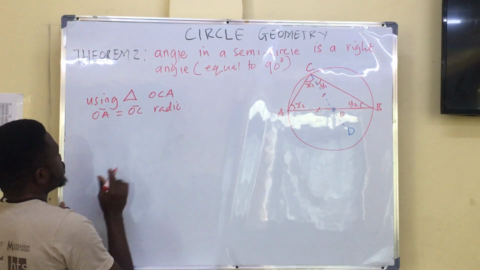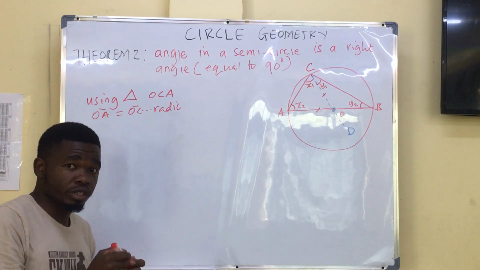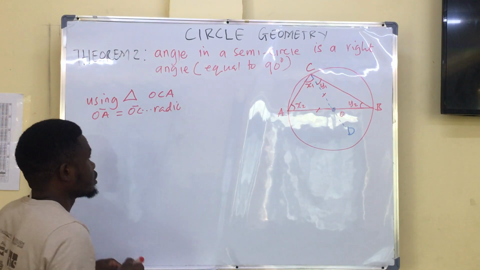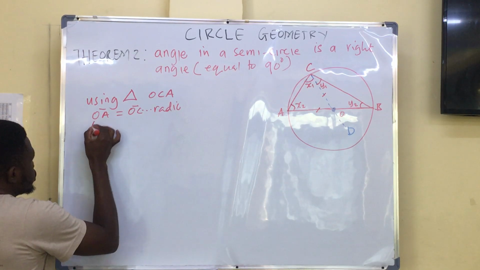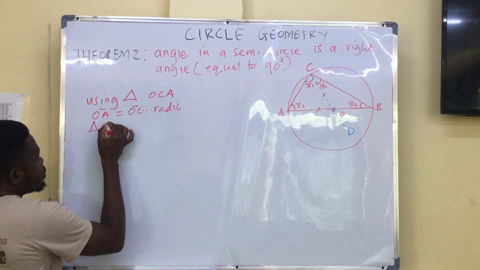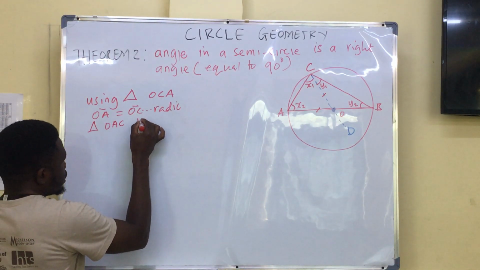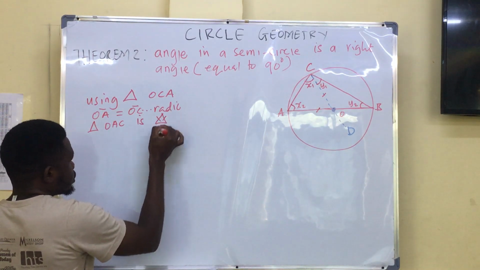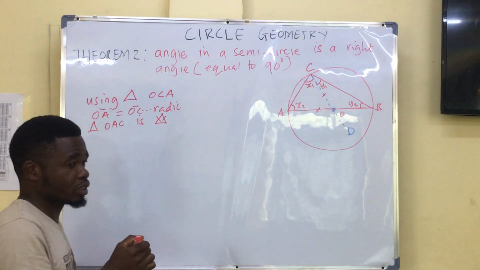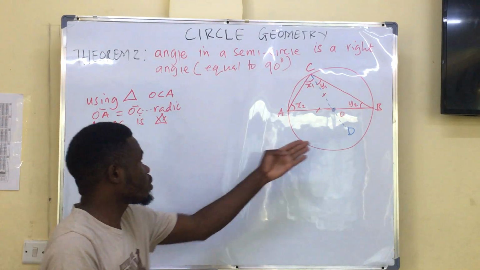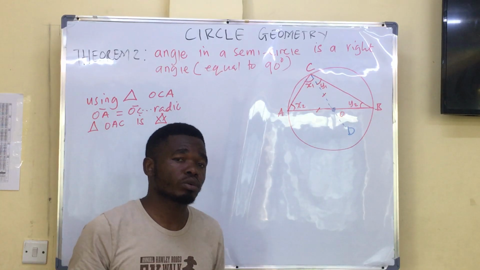So meaning that triangle OAC is an isosceles triangle. This symbol, remember, is an isosceles triangle, right? Meaning that triangle OAC is an isosceles triangle.